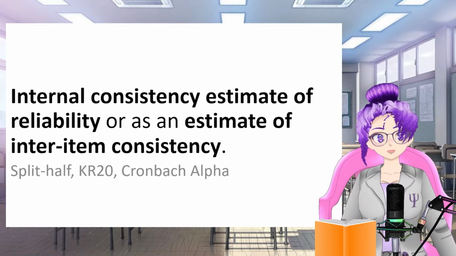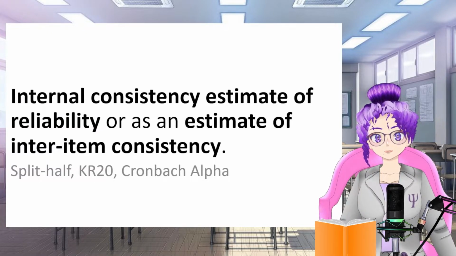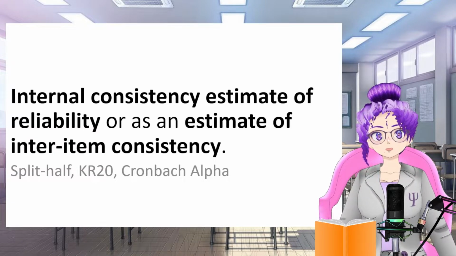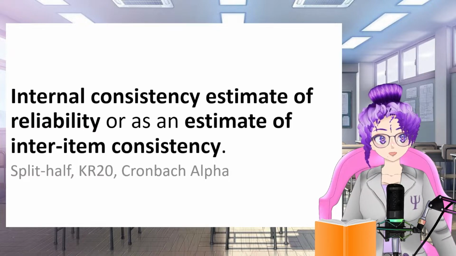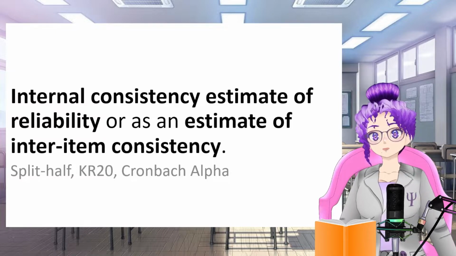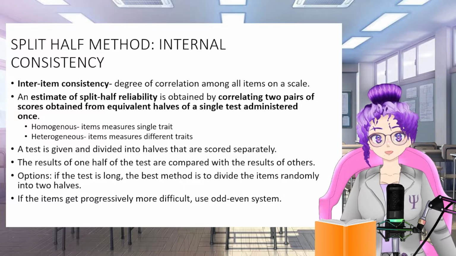Next is the internal consistency estimate of reliability, or the estimate of inter-item consistency: how homogeneous or heterogeneous are the items in a certain test. What we use here are the split-half, KR-20, and Cronbach's alpha. The first method of measuring internal consistency is split-half.